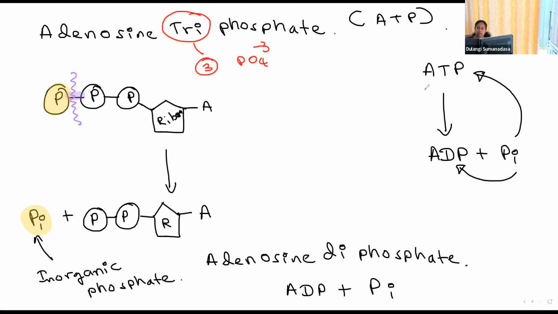Right, so this is a cycle. We're going to call it the ATP-ADP cycle. So all the ADP is going to get their phosphate back and recreate the ATP.